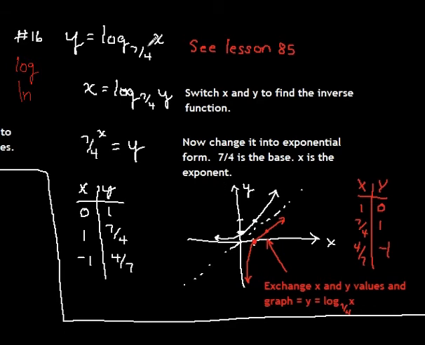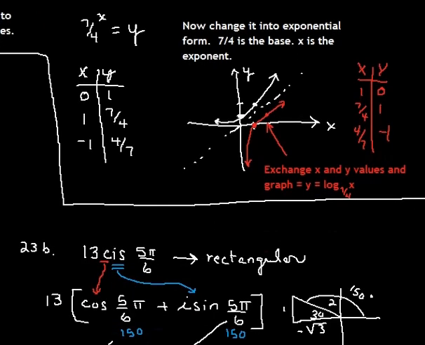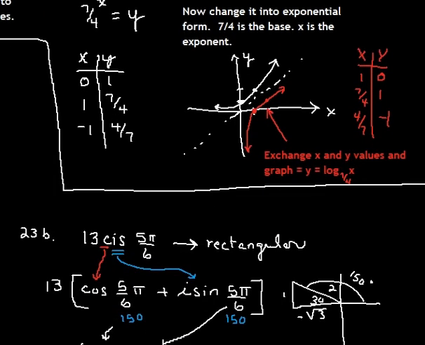So the steps are: exchange your x and y, put it in the exponential function, graph the exponential function, and then flip the x and y values, and it gives you the graph of the log function. That one's quite complicated. I don't know if anyone's getting that one right. Okay, let's go on to lesson 74 then.